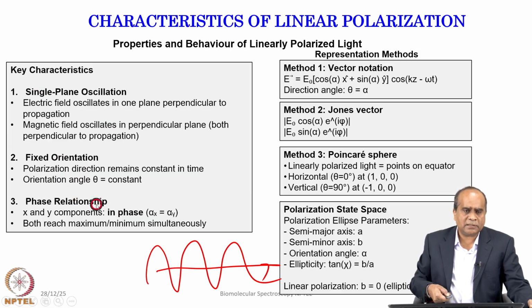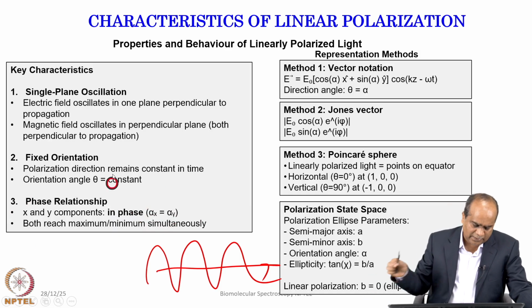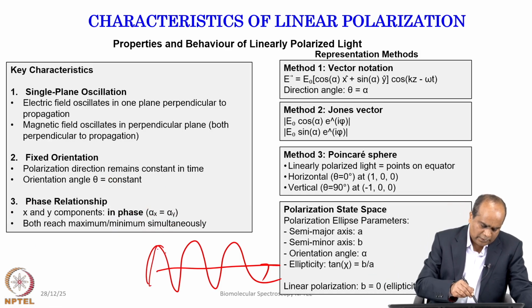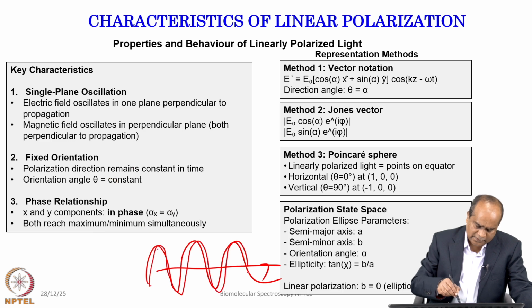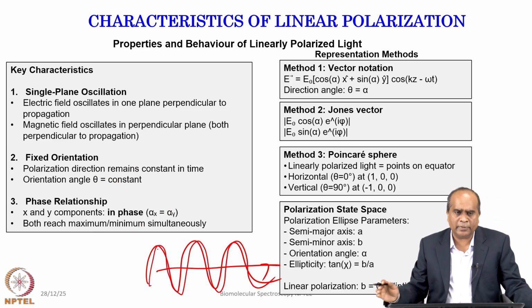And for the phase relation, the phase of the wave alpha x equals alpha y, so both reach maximum and minimum simultaneously. That is the key characteristic of linearly polarized light, right.